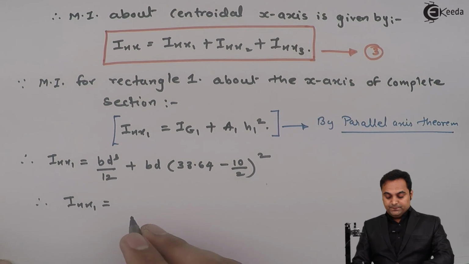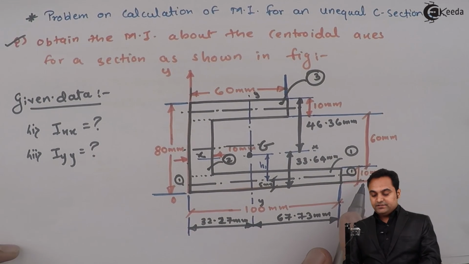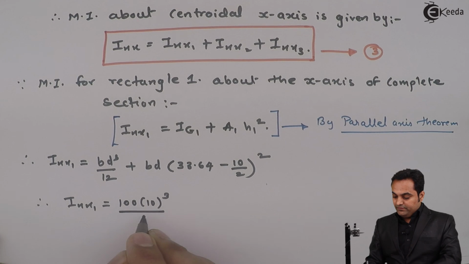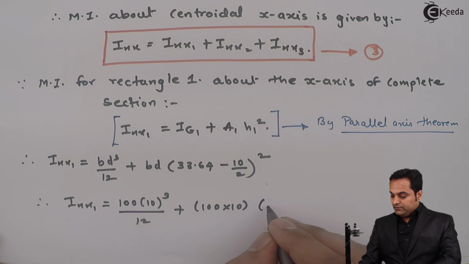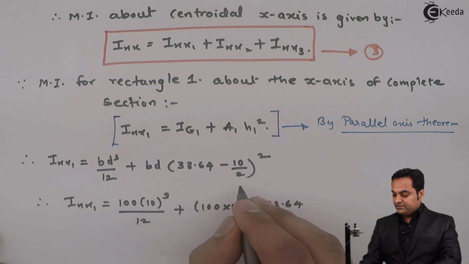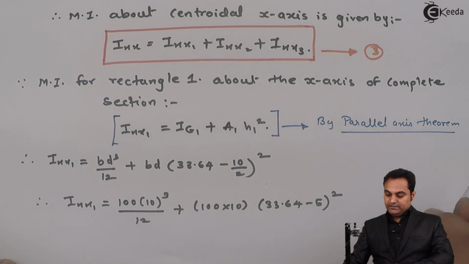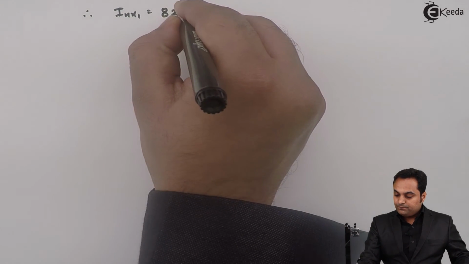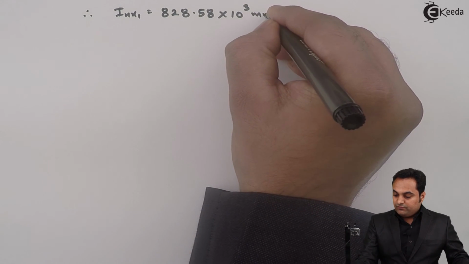Now B and D values, B is 100 and D is 10. So 100 into 10 cube divided by 12. Area is 100 into 10. Here we have 33.64 minus 10 by 2, that is 5 square. So Ixx1, the answer is 828.58 into 10 raised to 3 mm raised to 4.